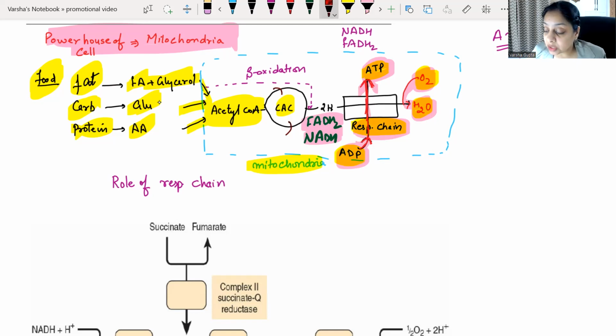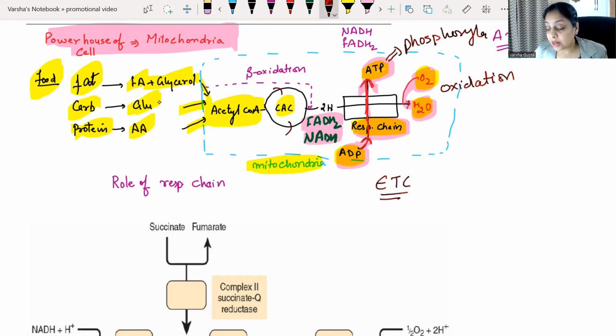Oxygen getting converted into water is the oxidation, and ADP converting into ATP is the phosphorylation. So these two processes are coupled together, okay, we join both, that's how it is called oxidative phosphorylation.